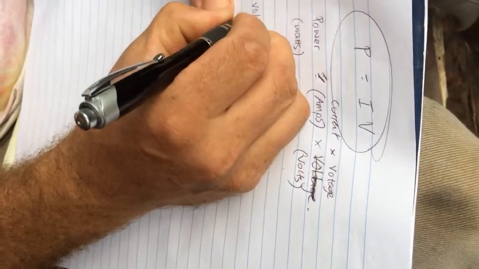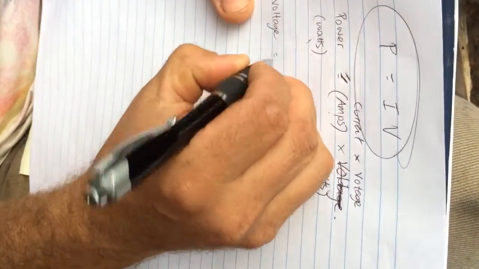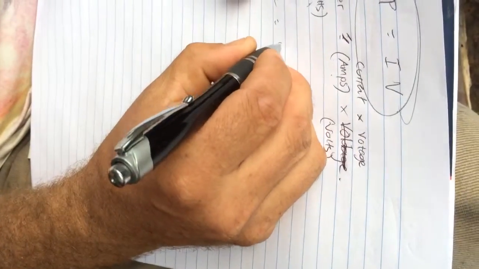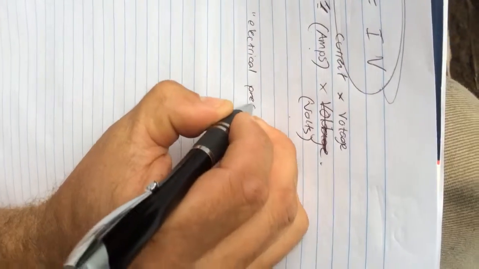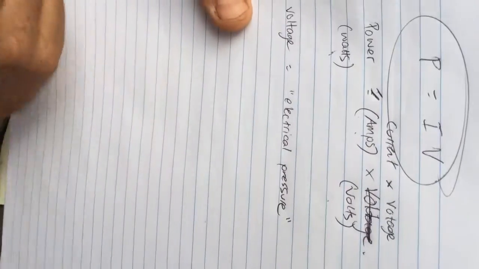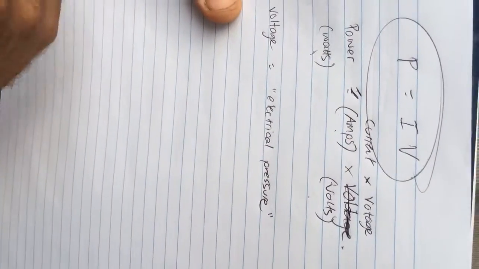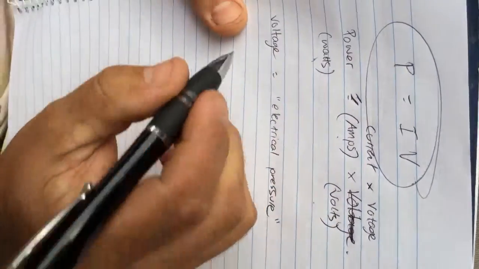All right, the way to think of it is a water analogy. Your voltage is your electrical pressure. In water it's like kPa.